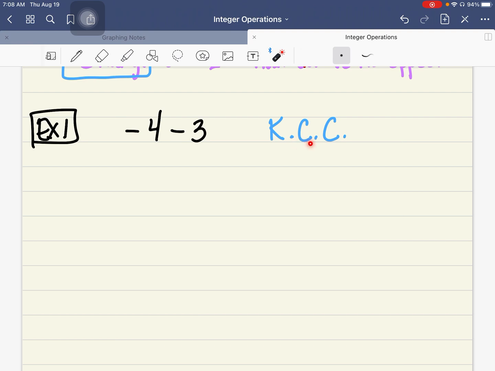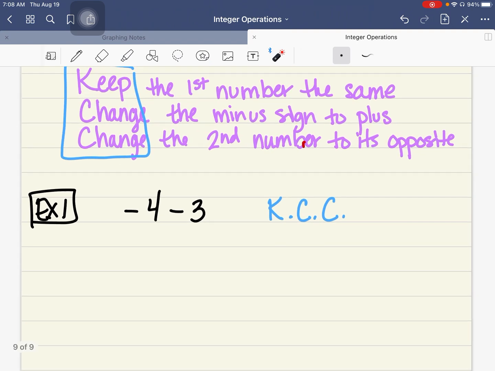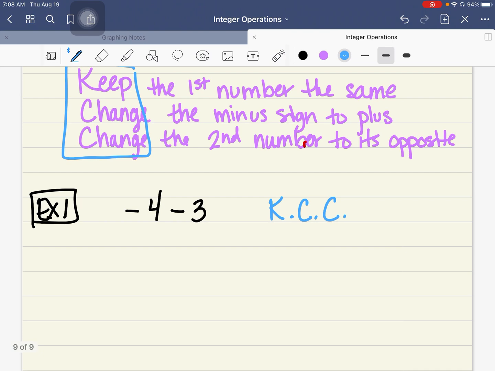The first C is change the minus sign to a plus sign. So I'm going to change this minus sign to a plus sign. And the second C is to change the second number to its opposite. So it's a +3 right now. I'm going to change that to a -3. So now our problem becomes -4 plus -3.